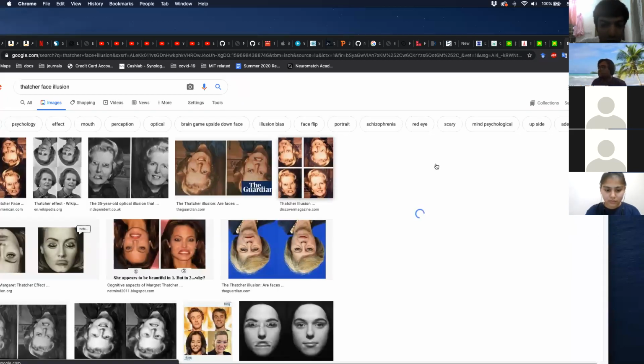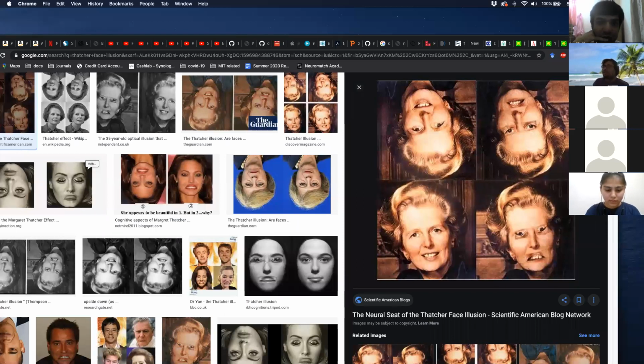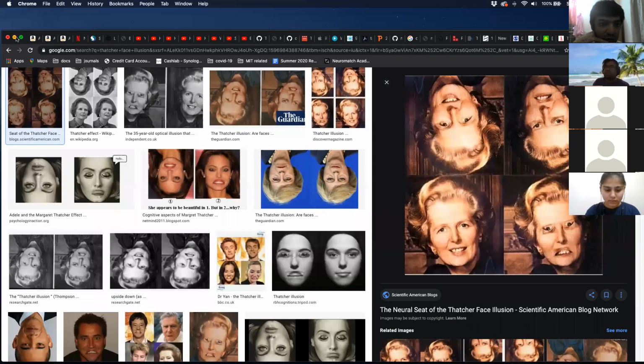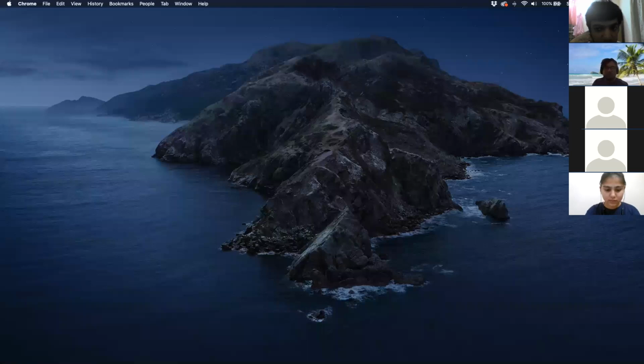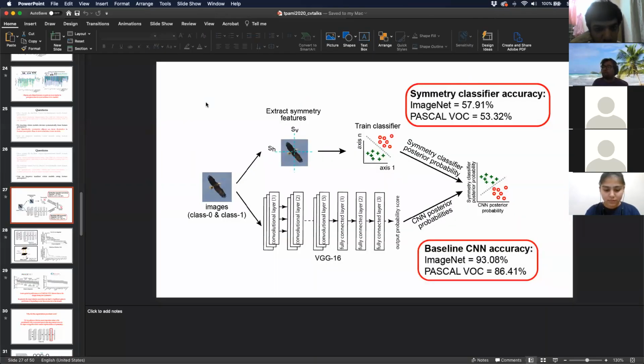Have you seen this? The inverted faces here. Actually, it looks like there's nothing wrong with them, but when you tilt it upright, you see that they're vastly different. Oh, scary. Yeah. So we have a bunch of these perceptual effects, and we tried to figure out if deep neural networks also show these effects that we observe in humans.